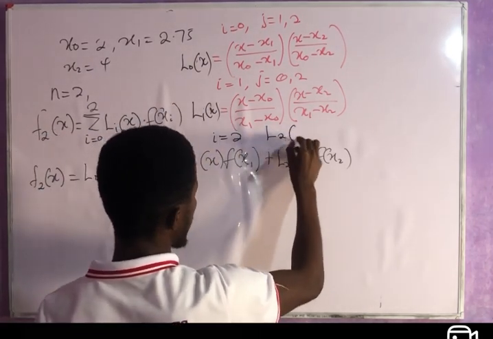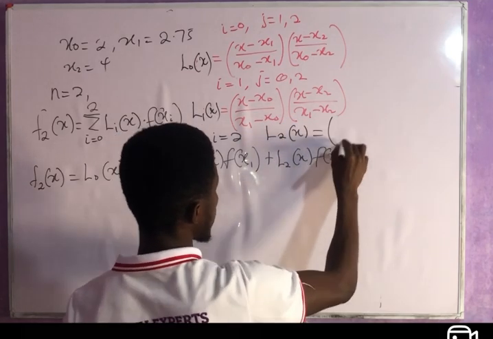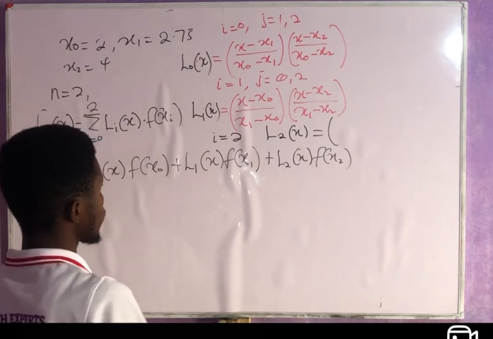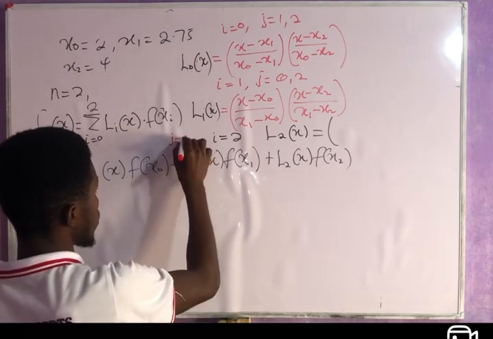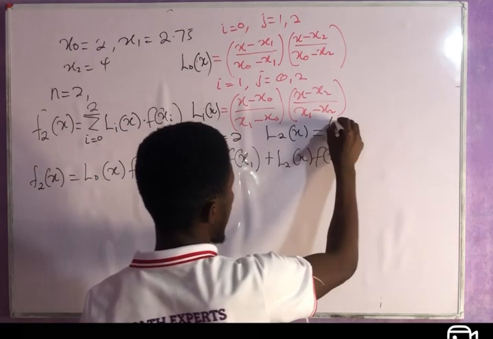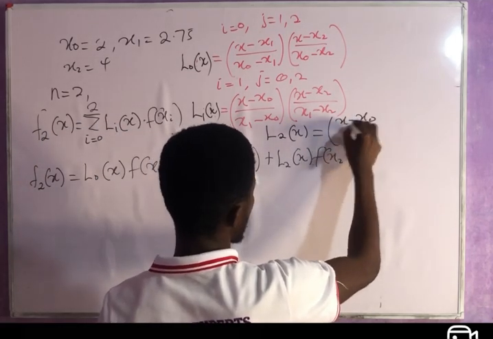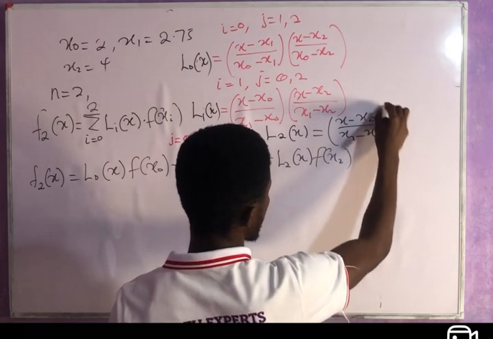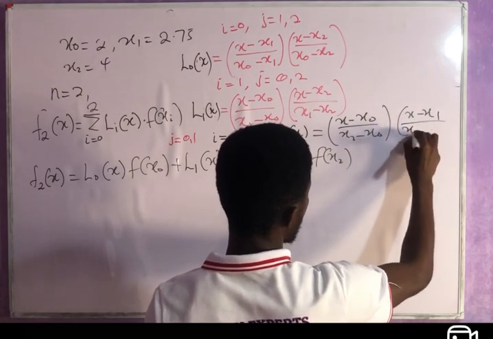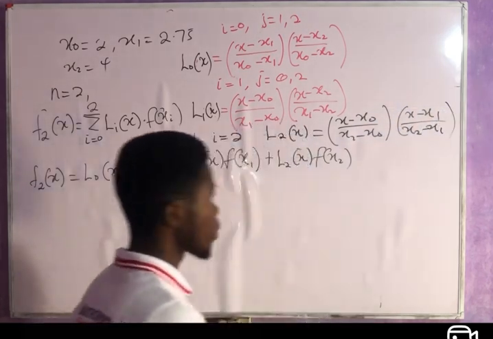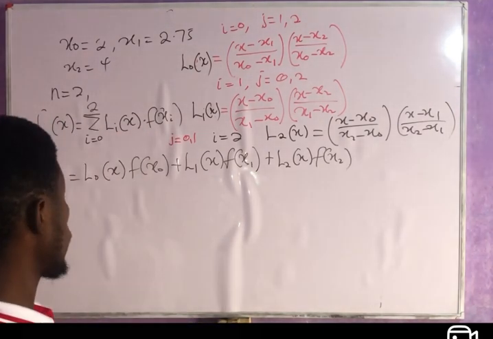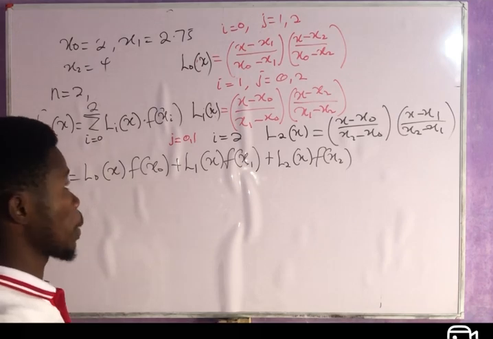So this side is L2 of x, and remember that the j value is going to assume 0 and 1. So I'll have x minus x0 over x2 minus x0, x minus x1 over x2 minus x1. This x0, x1, x2, you know them already, so we just substitute them. Where can we find them? Here, from the question. Is that okay?